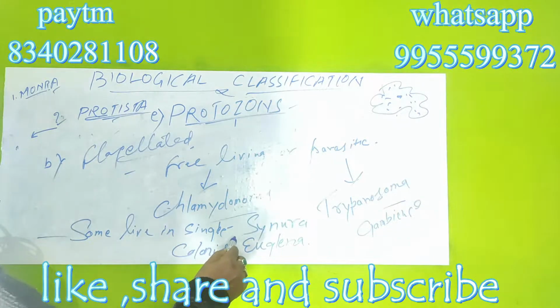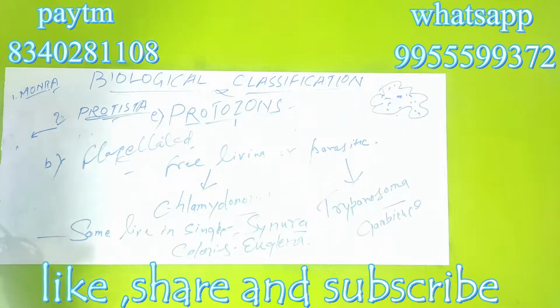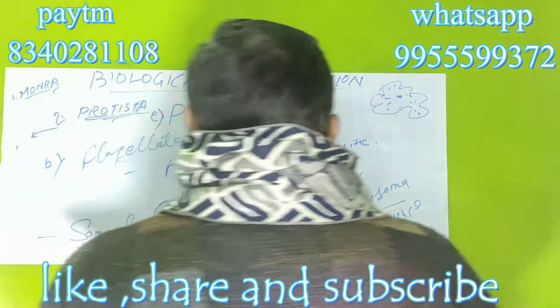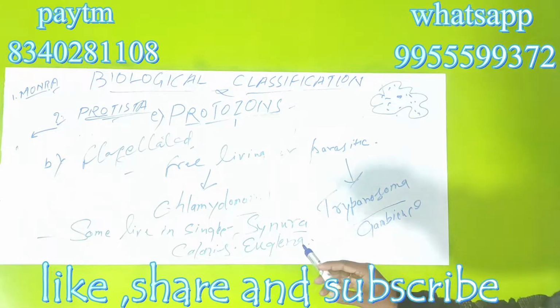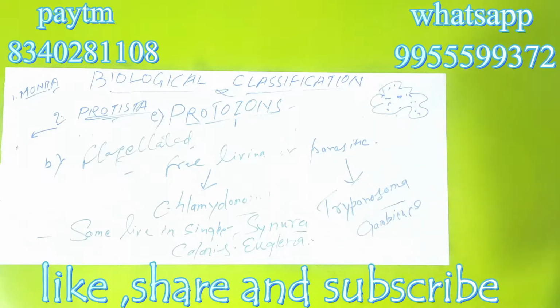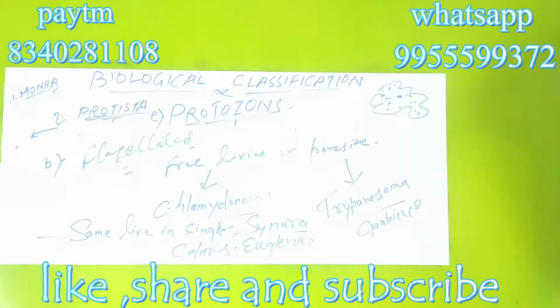They live in colonies, and this single living is Cyanura. This will all help you in the medical exams which will appear after 12th, or for candidates appearing in 12th. These names will help you in that.